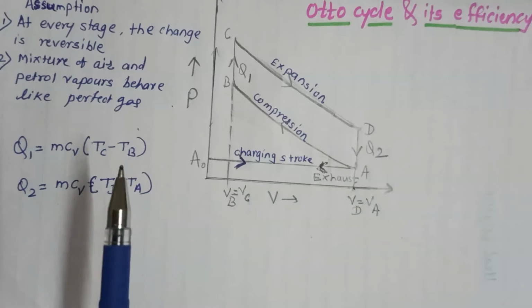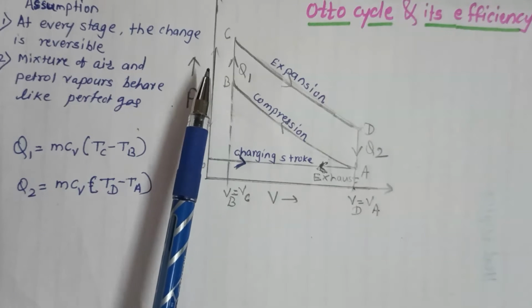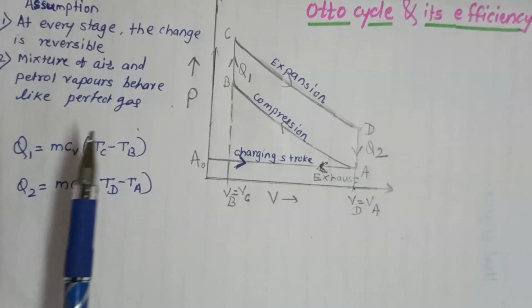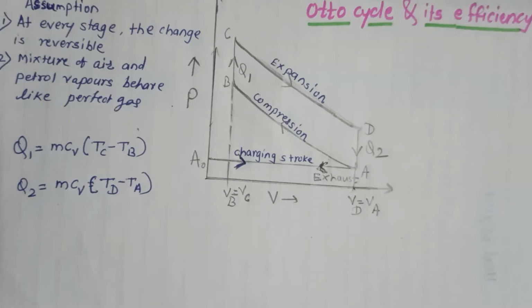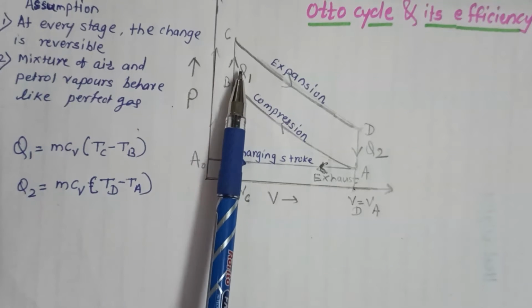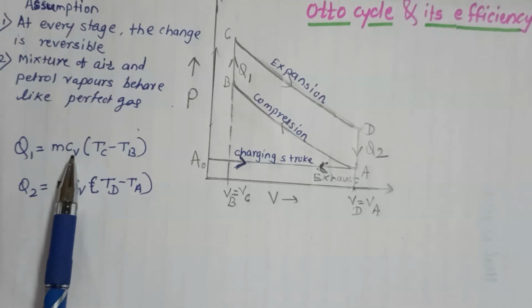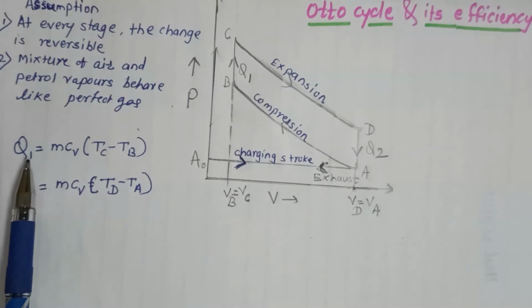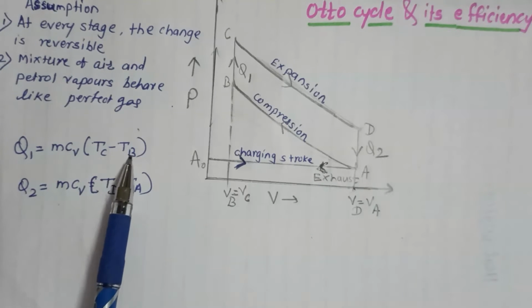The characteristics of this engine: heating takes place at constant volume, that is Q1. The value of Q1 is equal to mass into specific heat into rise in temperature. Q1 is equal to mCv (Tc minus Tb).